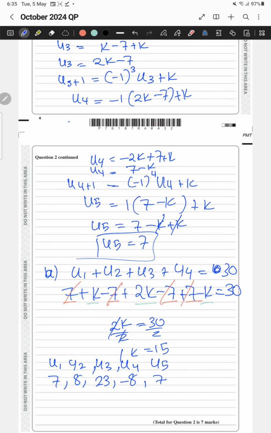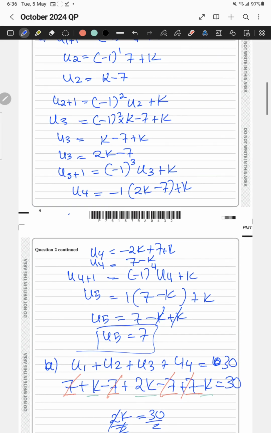So basically the same pattern is going to kick in again, since this sequence is periodic, repeating: 7 comes again. So this means the sequence has an order of 4.